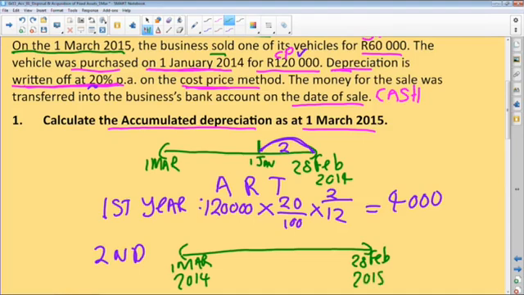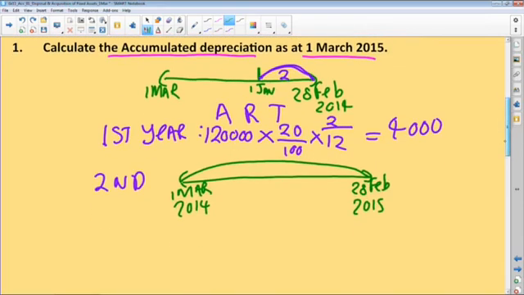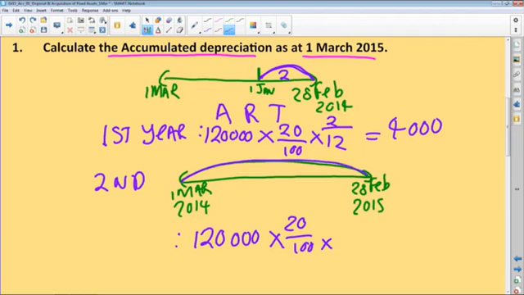For the second financial year, remember, I've now used the asset for the entire year. So in terms of my depreciation calculation, once again I need my amount, which is the cost price, 120,000, times my rate, which is 20%. But this time around, I've owned the asset for the entire year, so 12 over 12, which obviously now cancels out.